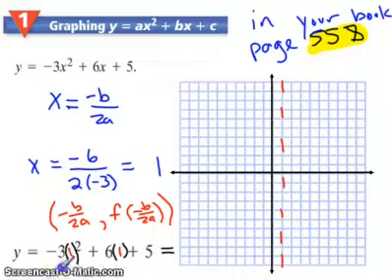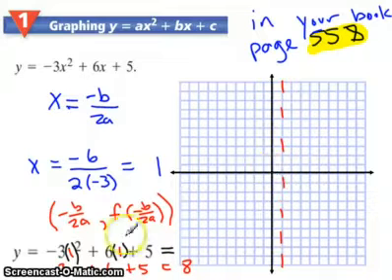We get -3 times 1 plus 6 times 1 plus 5. Alright, so we have 11 minus 3, that gives us 8. And so the vertex for this happens when x is 1, which is on the line of symmetry. When x is 1, I put it into my function and the value I get out is 8. So that's why the vertex is at 1 and f of 1, which would be 8.